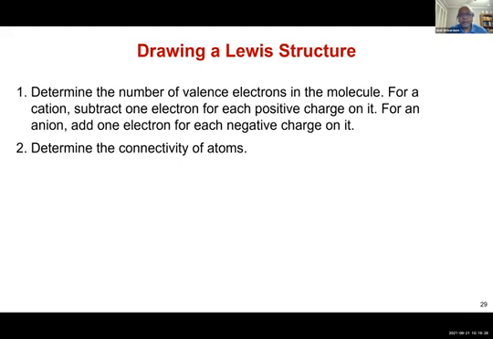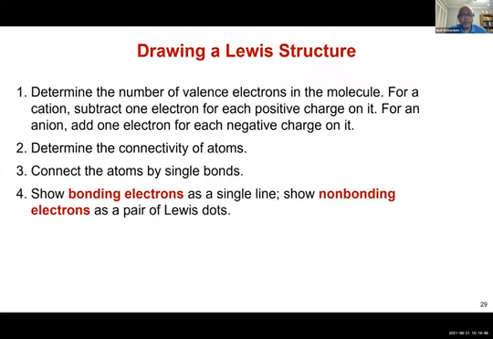For example, water: oxygen is connected to 2 hydrogens. So we draw 2 bonds between oxygen and hydrogen, connecting atoms by single bonds. Then we fill the octet, or duet for the hydrogen atom.